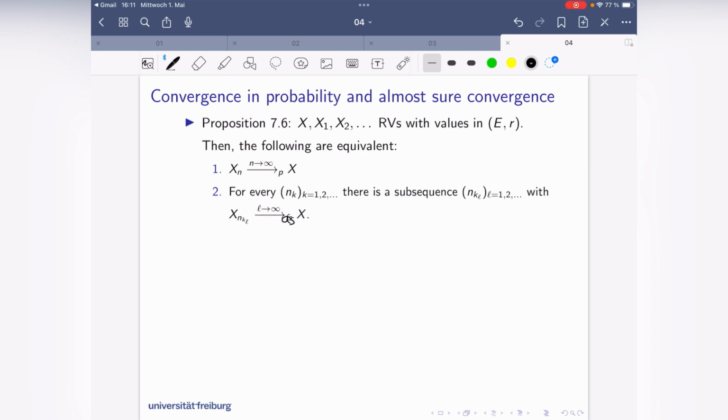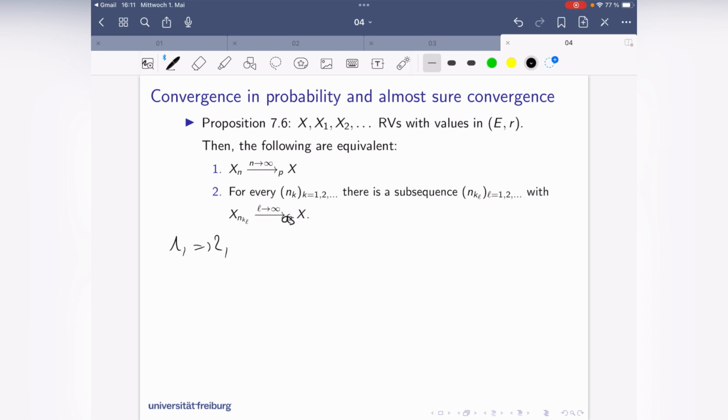Okay, so there are two things we need to do. First, from the first to the second. So I know convergence in probability, and I need, for every subsequence, there is another subsequence.